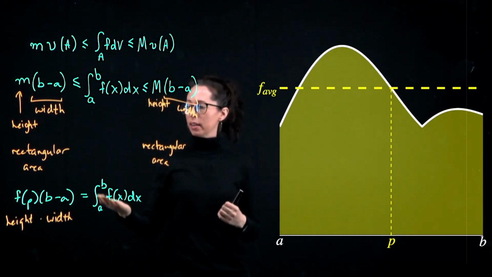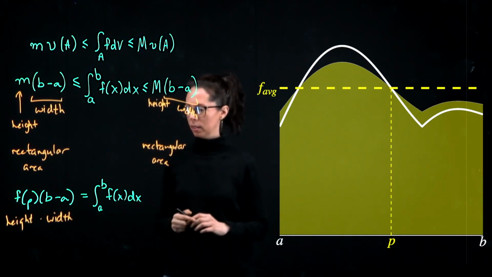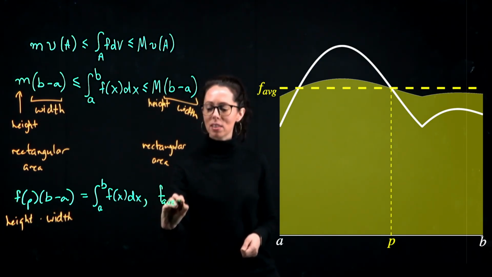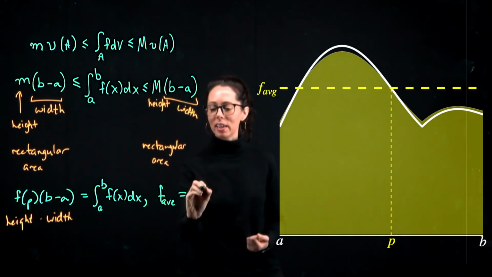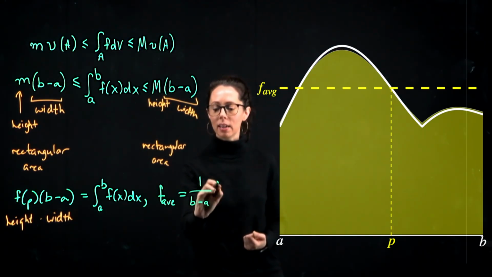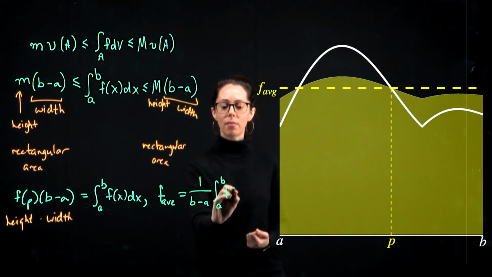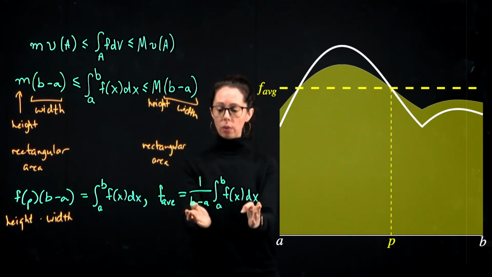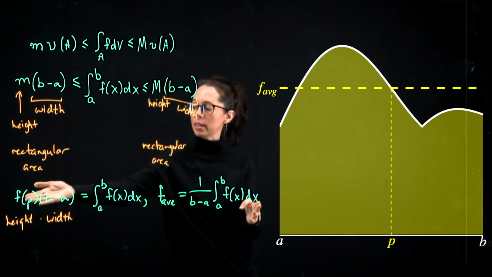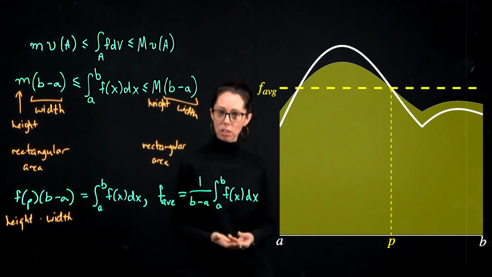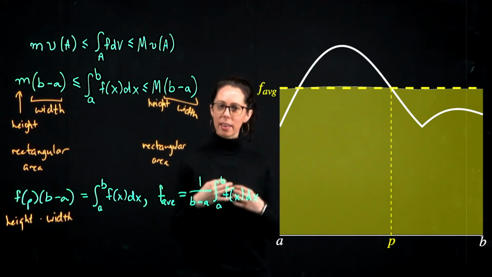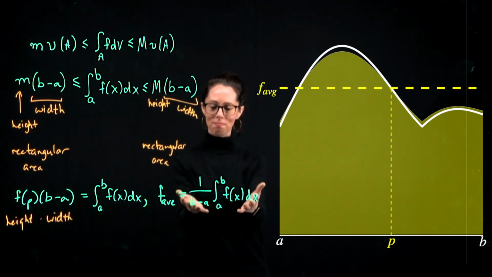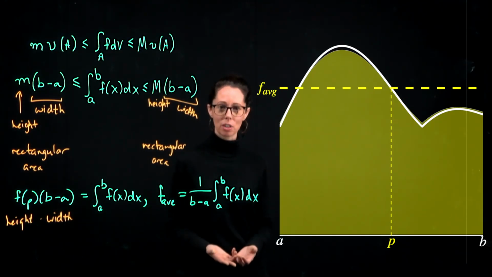So the average value for f, a formula you typically learn in calculus, is 1 over b minus a times the integral from a to b of f of x dx. This we're now recognizing as the value of f of p. So this average value is attained by the function. This is a mean value statement. There's a point where this average function measurement is attained by the function.